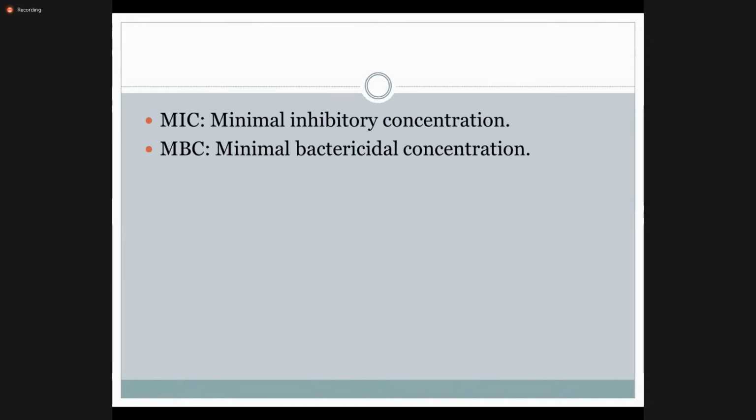This is important because if you are using a low dose, the concentration which is required for producing its activity will take time and it's not going to kill the bacteria properly or inhibit the growth of the organism properly. Okay.